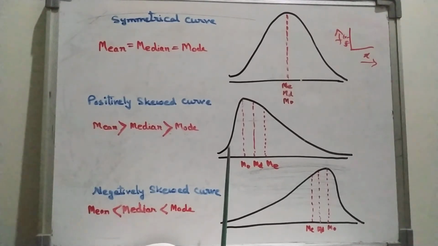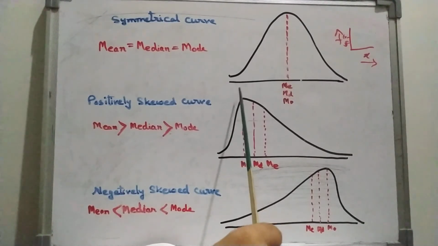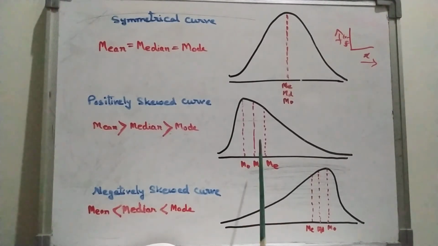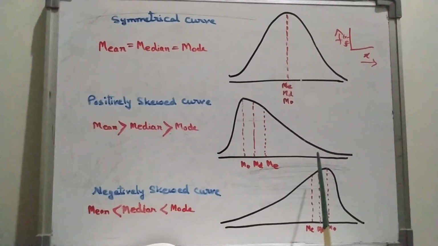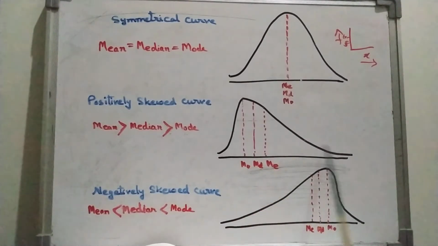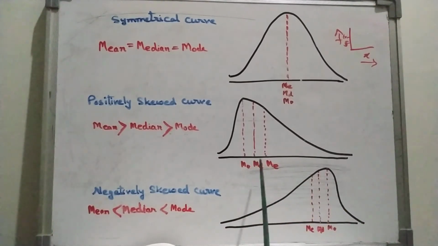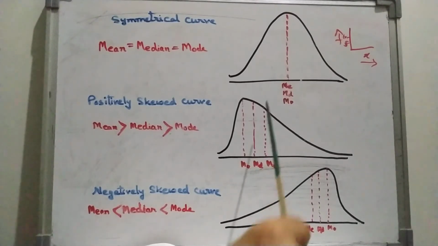It's very easy to find the mode position, because wherever the peak is, that is your mode value. Then don't come this side, go to that side, because this side is longer, so go to the longer side. First put the mode value, then go to the longer side and put median and mean.